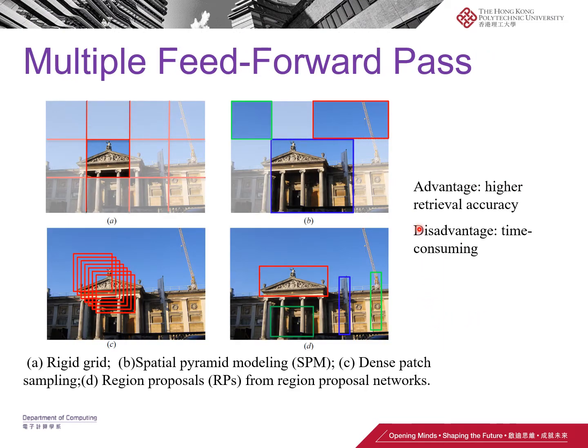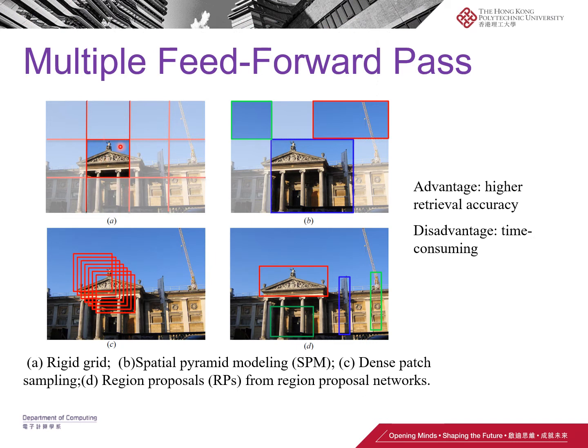Very similar to R-MAC. R-MAC is actually called a single feed-forward pass because it feeds the image into a neural network just once, and then extracts features from different channels and from different regions. However, there is also the multiple feed-forward pass. That means we can divide the image into sub-images. For each of them, actually each region, we can take that region as input for the neural network.